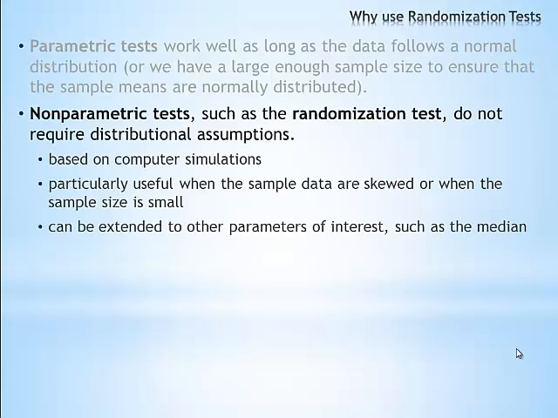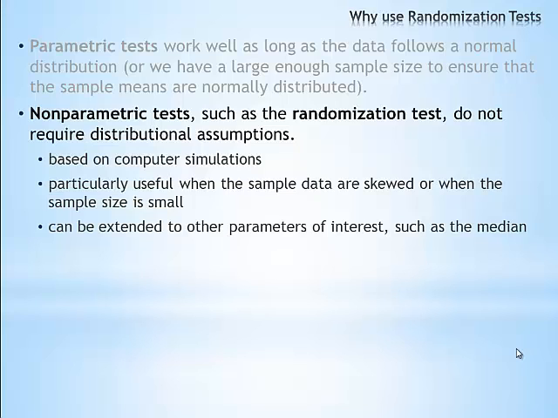Since we cannot be confident that the sample averages are normally distributed, we should use a distribution-free test, also called a nonparametric test. Such tests do not require the distribution of our sample statistics to have any specific form. Instead, they are based on computer simulations.